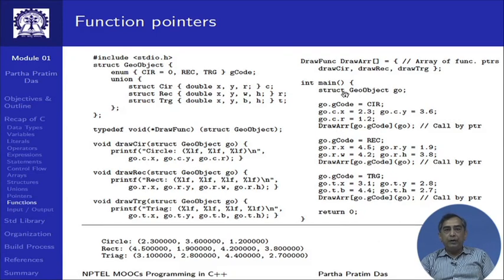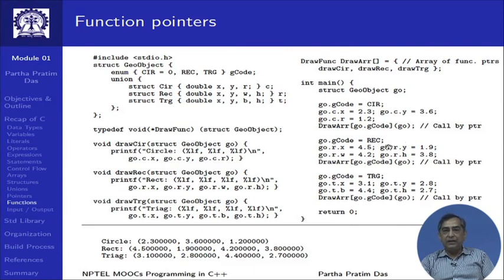Now, we want to write a routine, the main function, which given the G code of any of these objects and the structural parameters of that object, should be able to draw it. So, the idea is, I would like to call any of these draw functions not using their name, but from the fact that if my G code is CIR and I want to call the draw, this draw circle should get called.